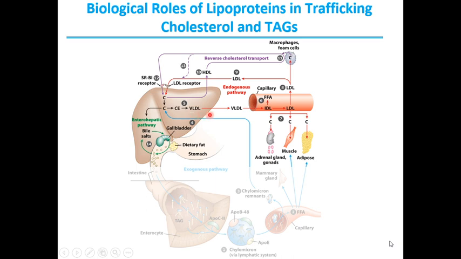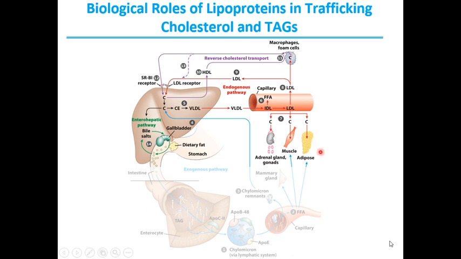VLDL is transported in the blood from the liver to muscle and adipose tissues. In the capillaries of these tissues, ApoC2, remember ApoC2, activates lipoprotein lipase, which catalyzes the release of free fatty acids into the adipose tissues and muscle tissues.